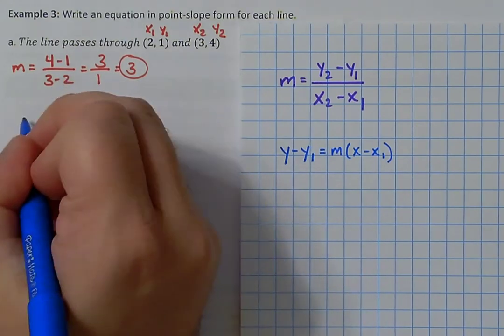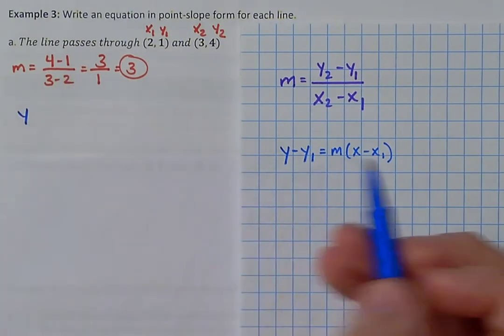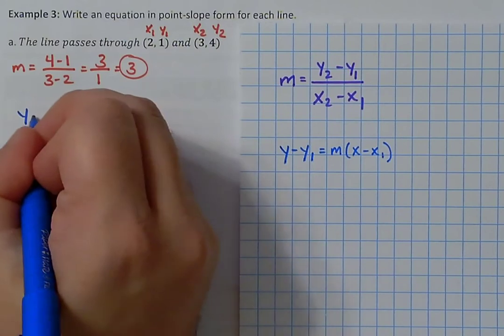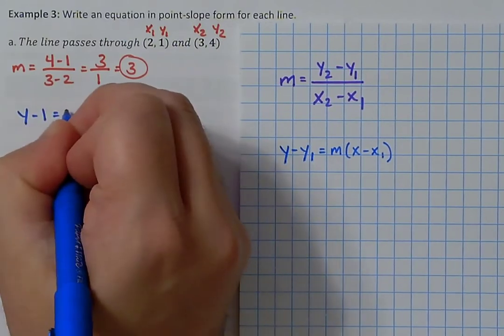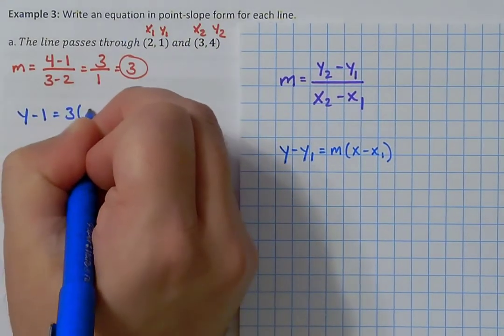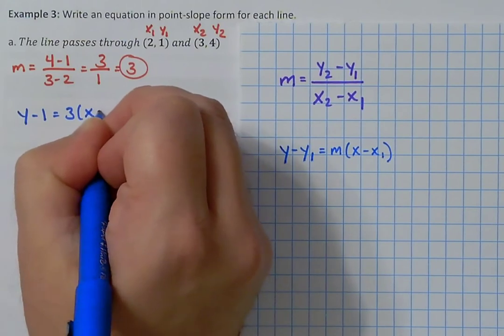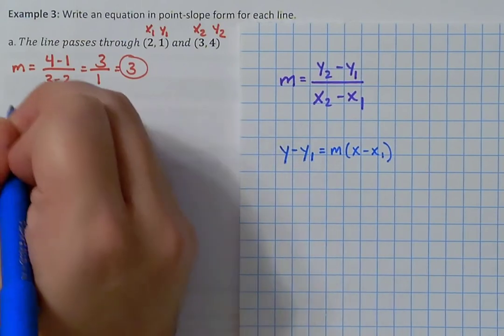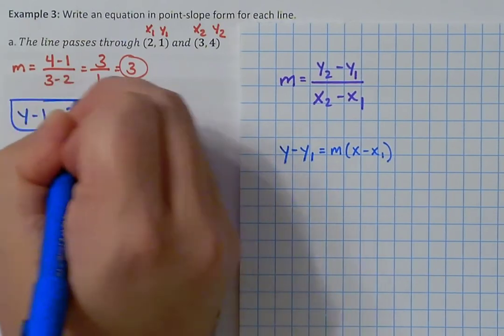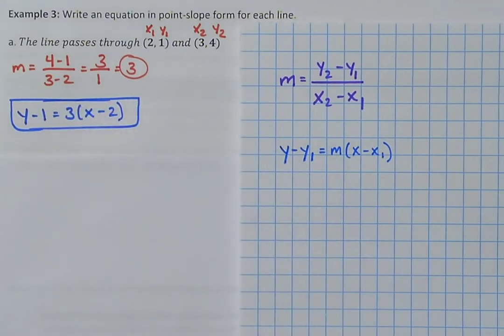If I write this, it would be y minus y1, which is 1, equals m, which is 3, times x minus x1, which is 2. So I would get y minus 1 equals 3 times x minus 2.